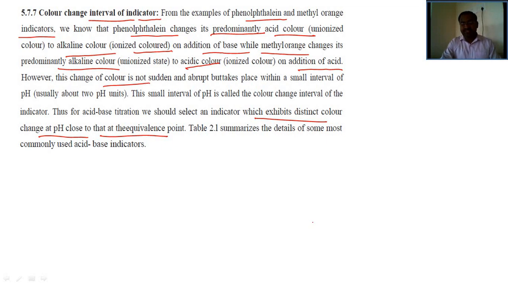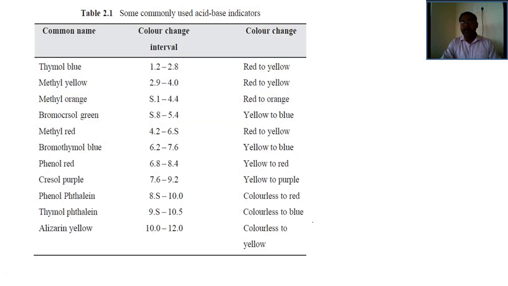Here I have summarized the details of some commonly used acid-base indicators. Thymol blue, it is red to yellow. The pH range is 1.2 to 2.8. Methyl yellow 2.9 to 4, that is red to yellow.